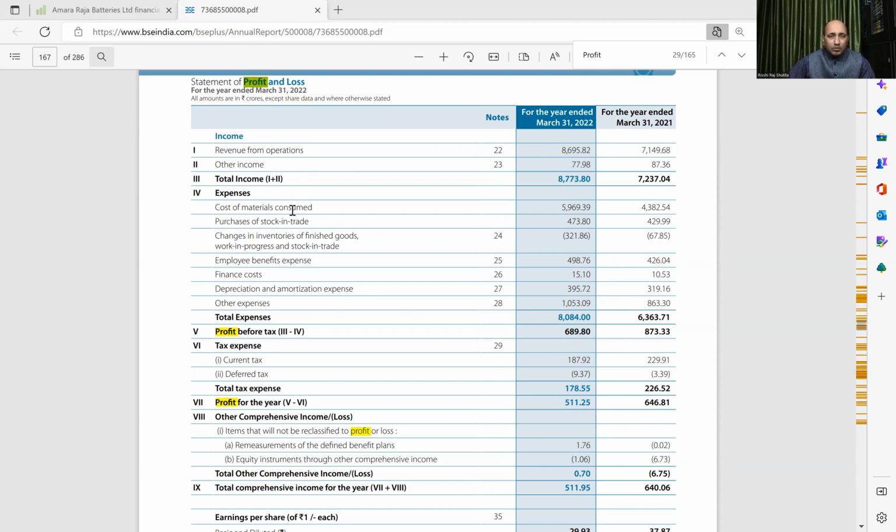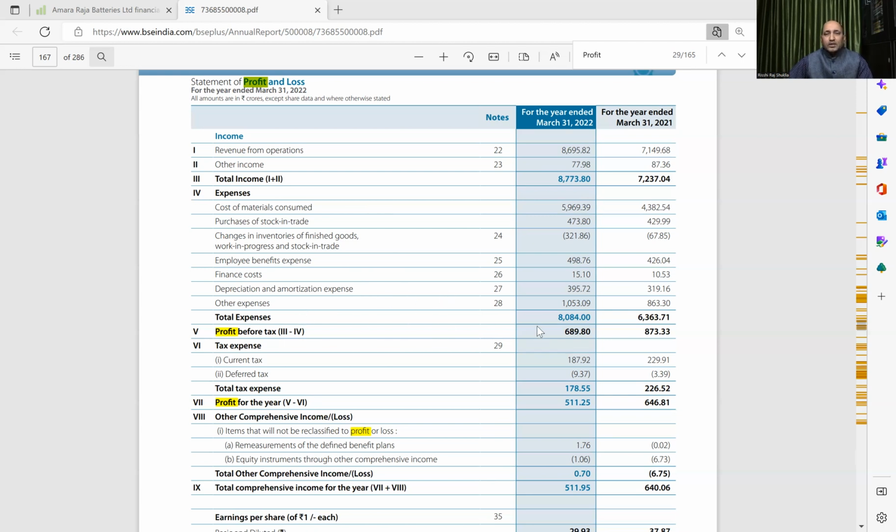Now, for expenses, we can see cost of material consumed. They have given the figure 5,969.39. Purchase of stock in trade, changes in inventories of finished goods, work in progress, and stock in trade, employee benefits expense, finance cost, depreciation and amortization expense, other expense.